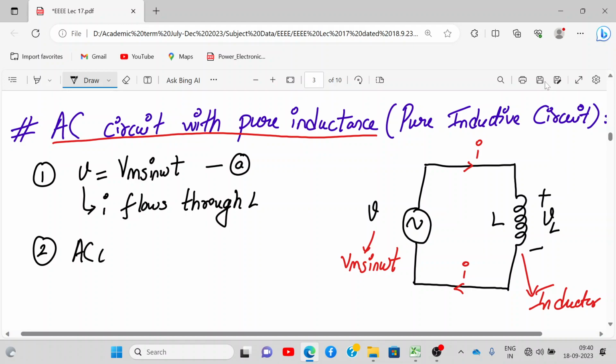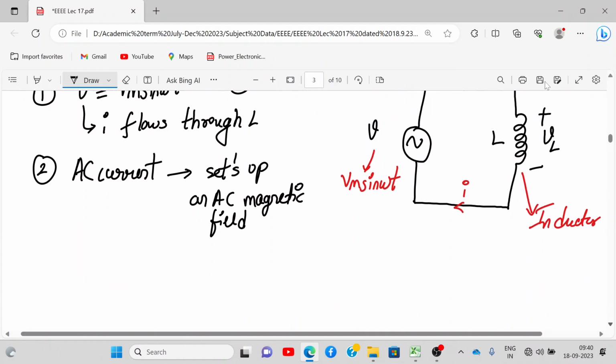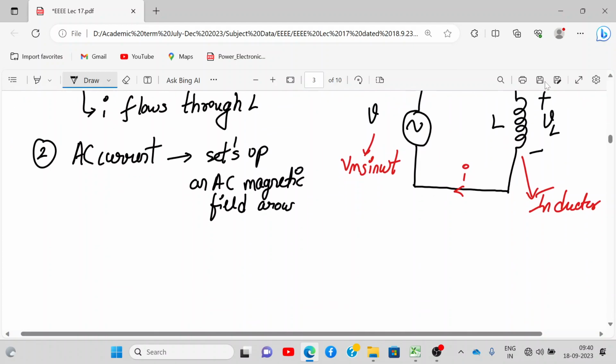This AC current sets up an alternating magnetic field around L. And due to that, what happens?